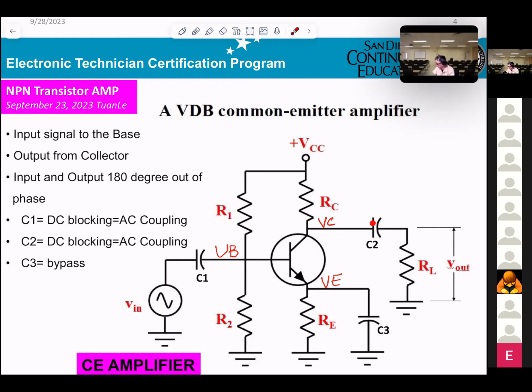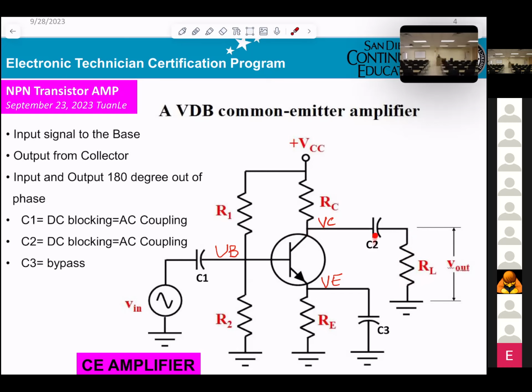C2, you understand at the collector you get two voltages, not only one. First thing you get a DC voltage, then you get an AC voltage, and they go out to the load here. You understand the load here is just a speaker, so you don't want any DC from the collector to go to the speaker.